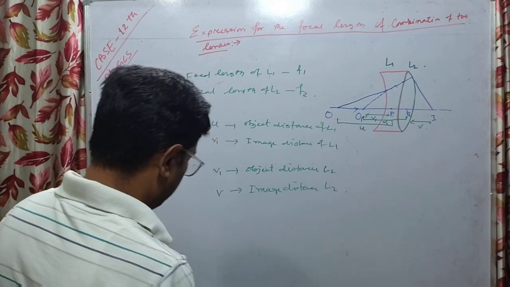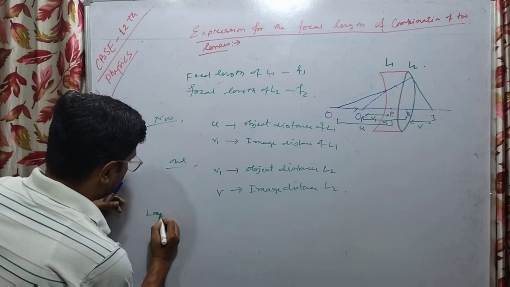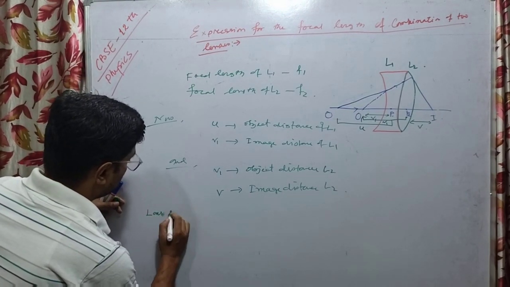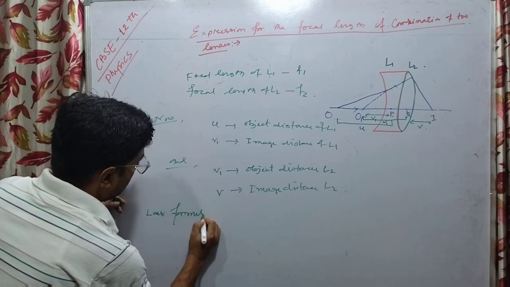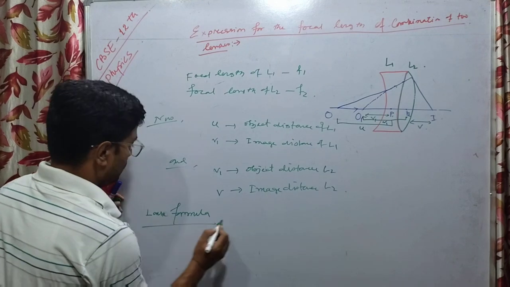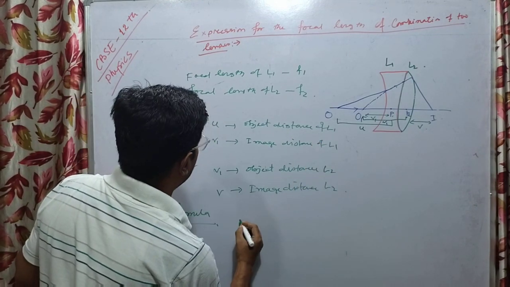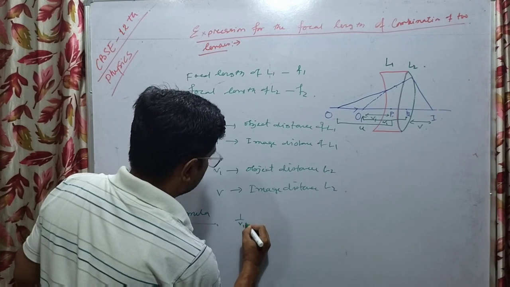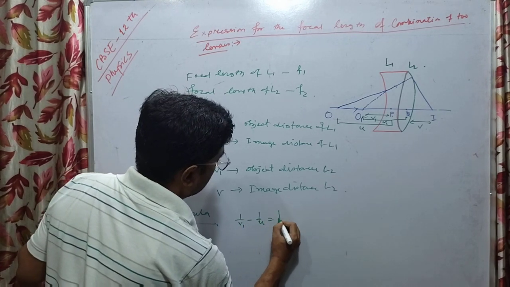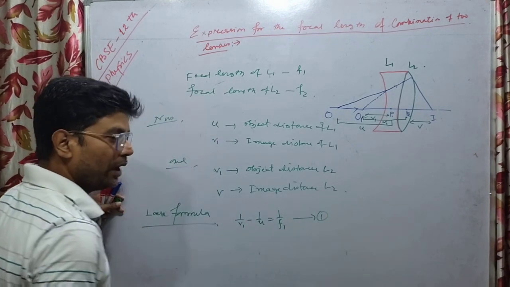Now, students, I will use the lens formula. For the first lens L1, it will be 1 by V1 minus 1 by U is equal to 1 by F1. It is equation number 1.